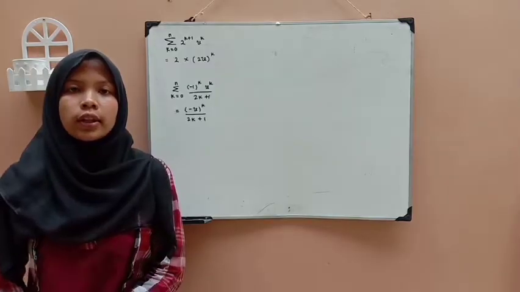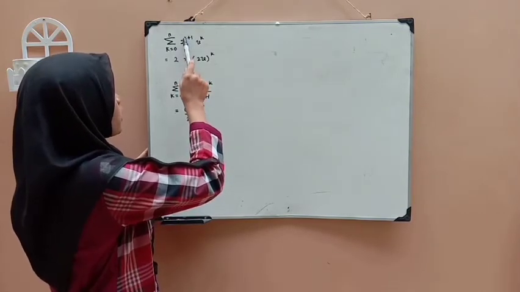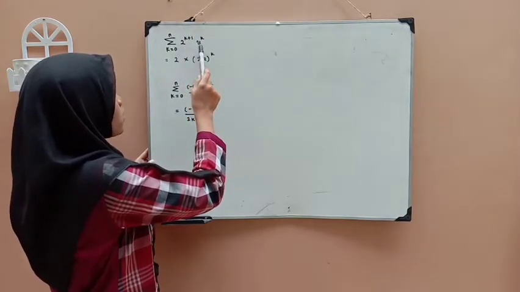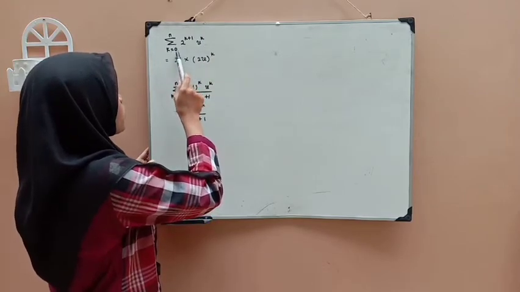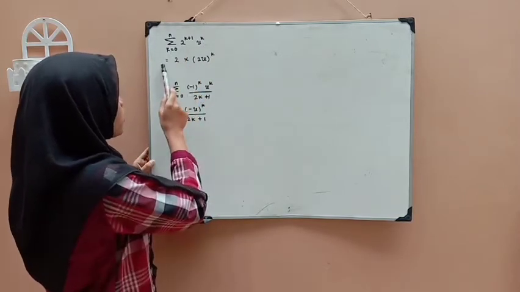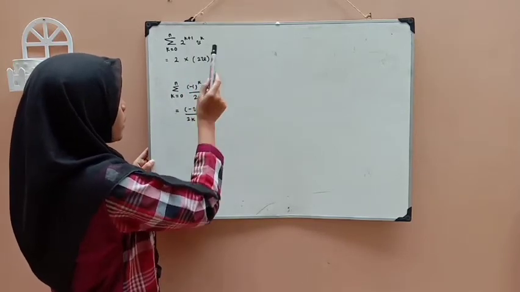Next question, that is the sigma. The sum of (2^(k+1)) times x^k, k goes from 0 to 9, equals 2 times (2x) raised to x.